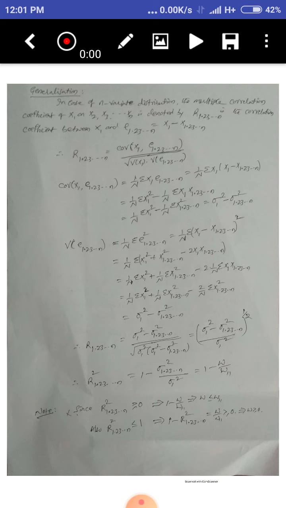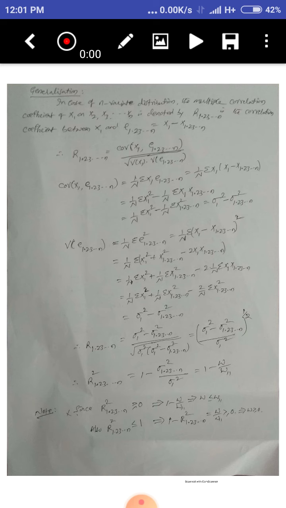Then find the variance of e1.23 up to n. So that equals 1 upon n summation e1.23 up to n square, or 1 upon n summation x1 minus x1.23 up to n square. Then take 1 upon n summation inside and expand a minus b whole square.